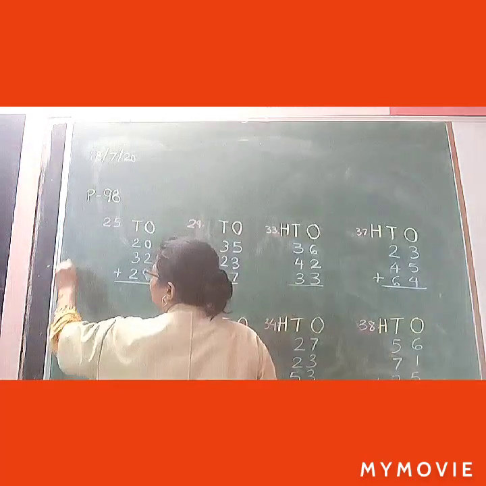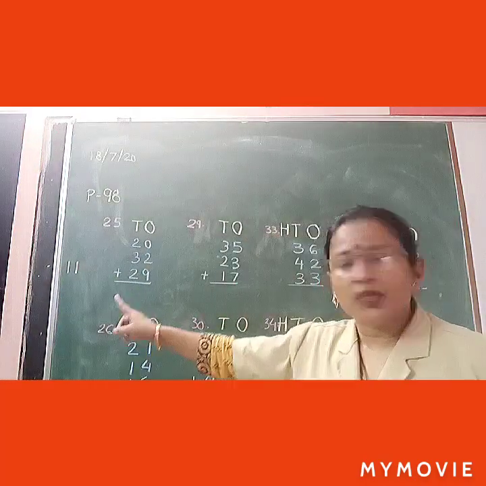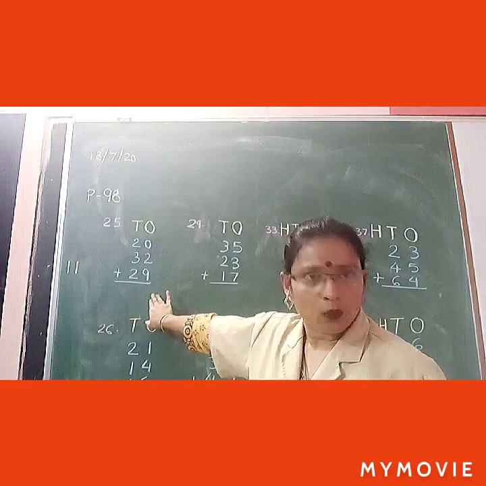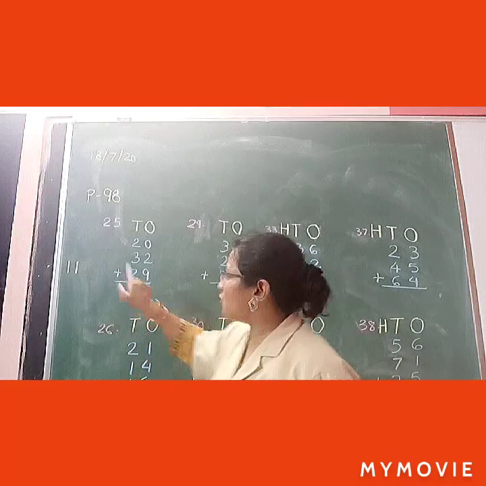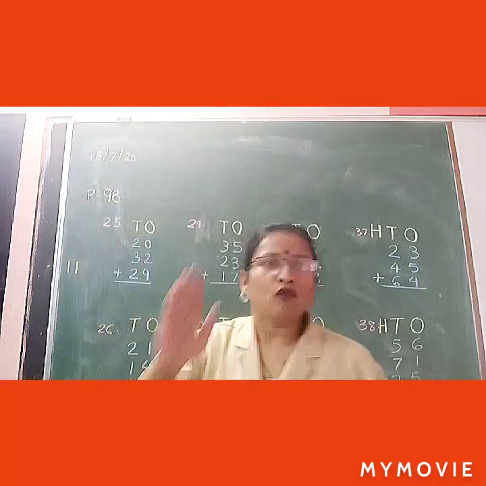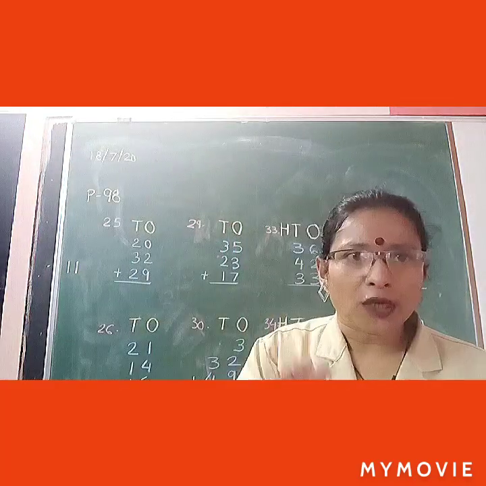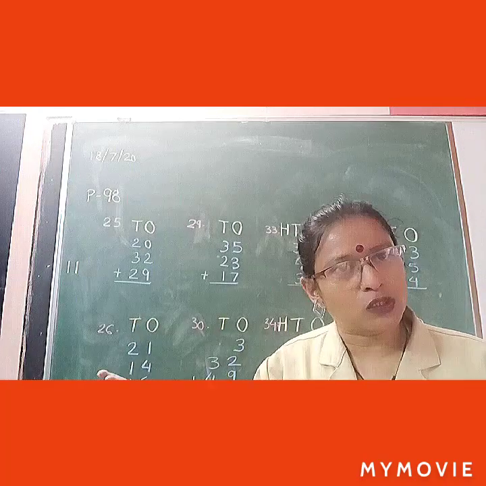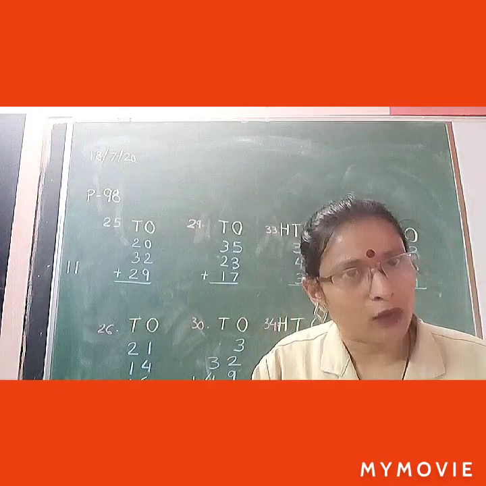Like this. Can we write 2-digit number here? No. As this one is in ones place and this one is in tens place. So we have to write according to its place value. That I have told you before also. You will follow here also.